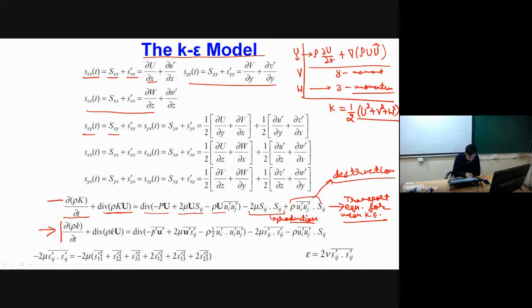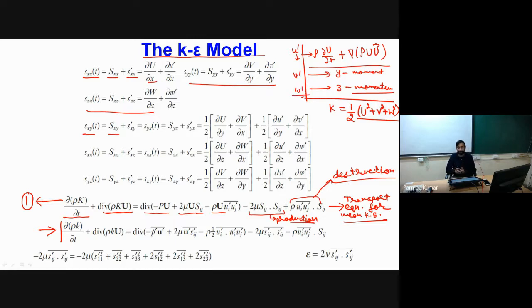This is my equation number 1, which is the transport equation for mean kinetic energy. Now we will obtain another equation, number 2. How do we obtain equation number 2? For that, we will multiply our Reynolds averaged Navier-Stokes equations, that is the x, y, and z momentum equations, with u dash, v dash, and w dash.